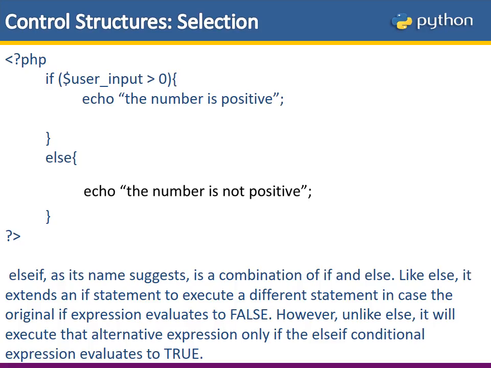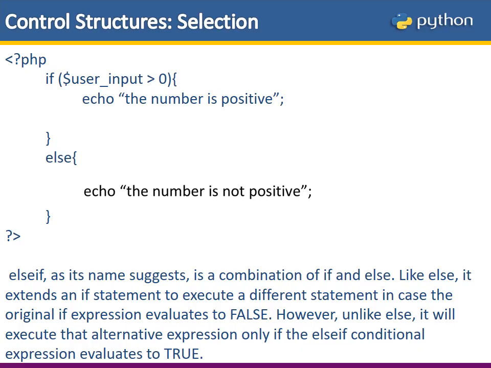Echo means output in PHP. Echo the number is positive, so we close the bracket. Else, otherwise, if the condition is false, echo the number is not positive. So that is for the two conditional statements, the if statement and the else statement.